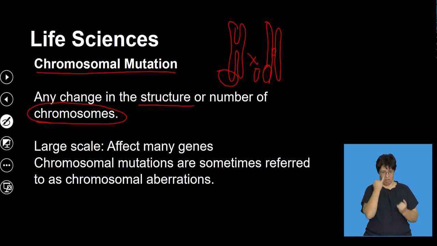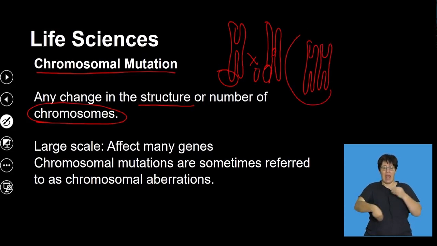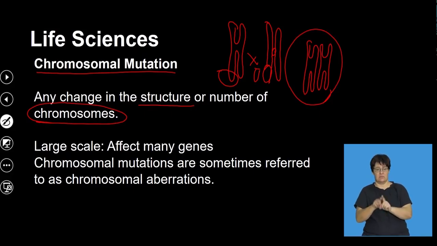We know that some individuals may produce a gamete that has an extra set of chromosomes. And when that gamete fuses, we end up with an individual having a triploid set of chromosomes for a specific chromosome. So we refer to that as, again, a chromosomal abnormality.